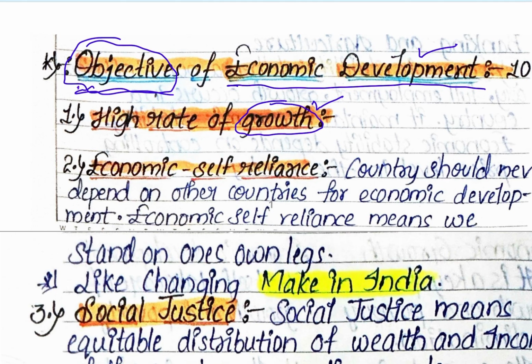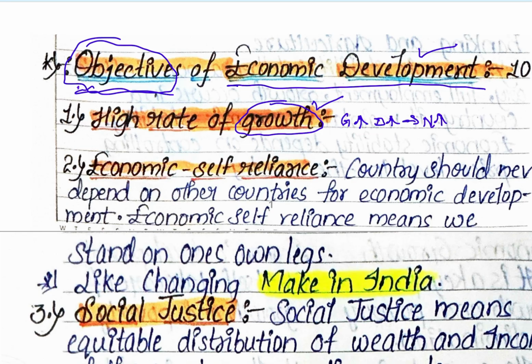In developed countries there is a high growth rate, and national income is also very high because the real output of the country is very high.